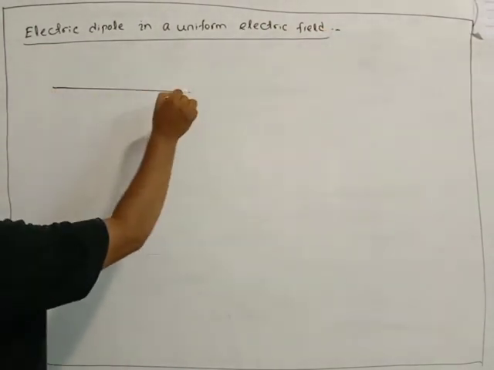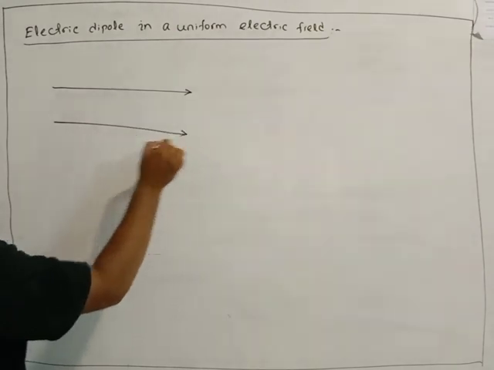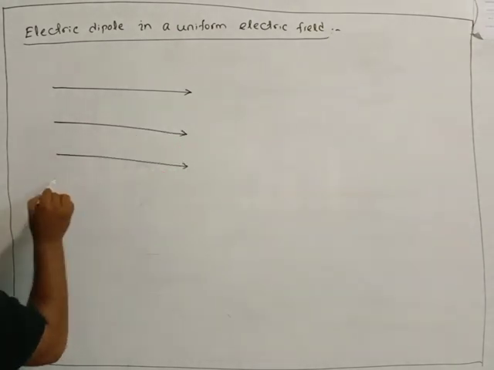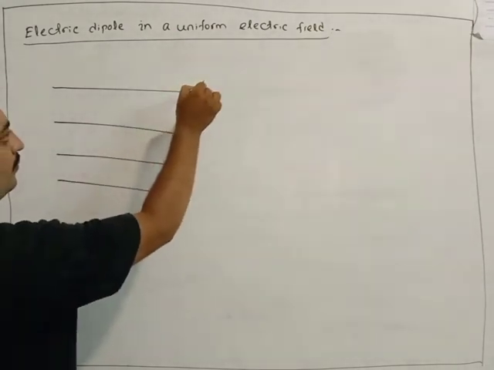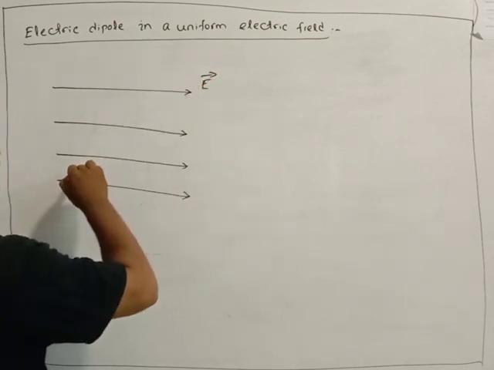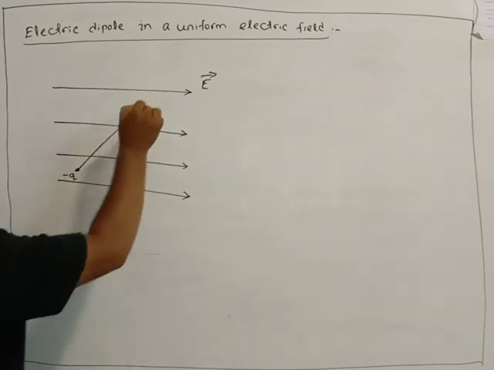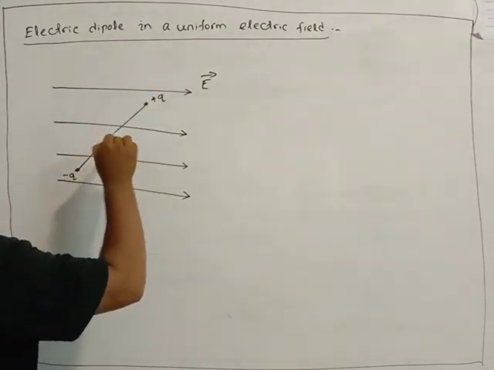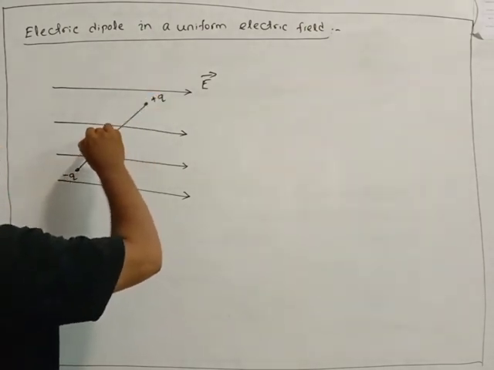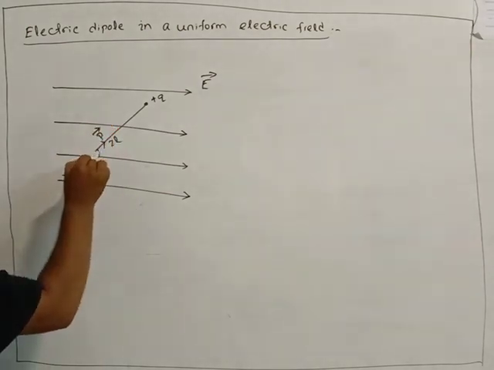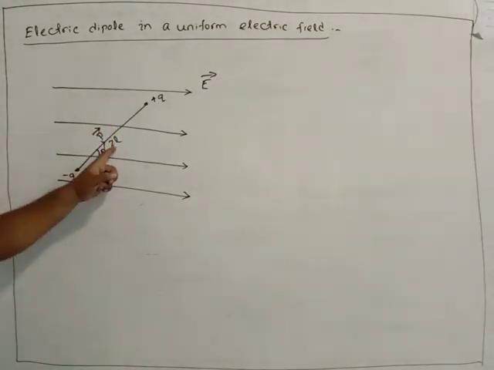Now, let there be a uniform electric field E. An electric dipole: it is minus q, it is plus q, and length is 2l. Now the dipole moment is P. This dipole moment makes an angle theta with the electric field.